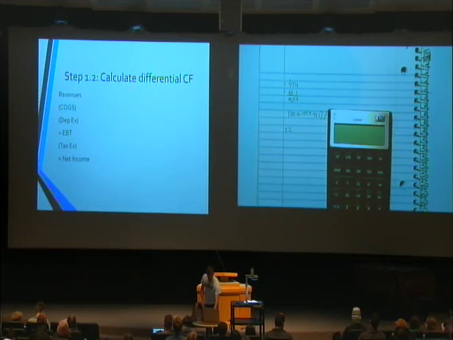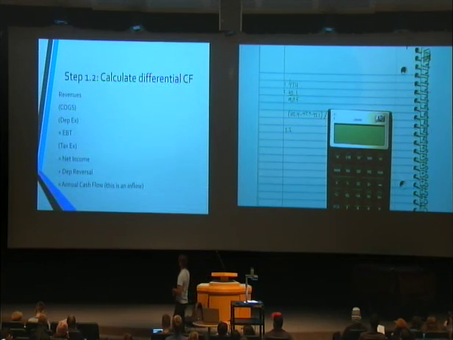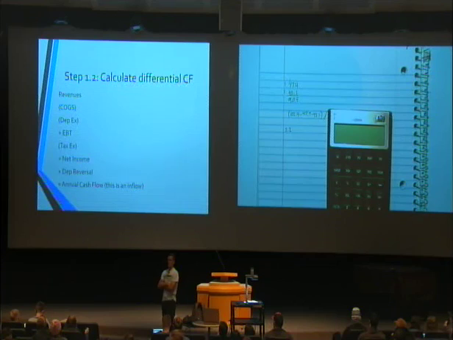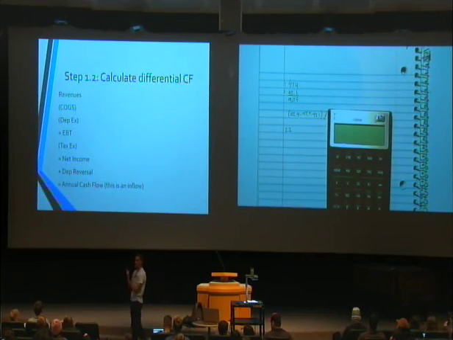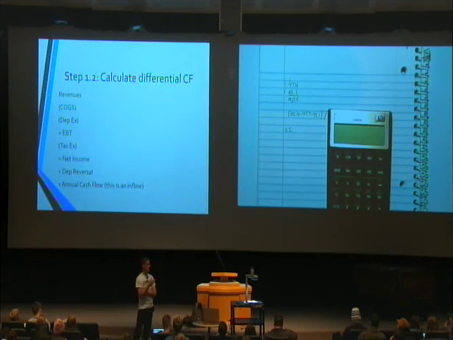Hopefully I did all these adding, subtracting signs correctly. Okay, so differential cash flows. You start out with your revenues from the project. You less any cost of goods sold or your operating expenses, whatever those are. And then you subtract out your depreciation expense, right? The reason we do that is because it gives us a tax shield.